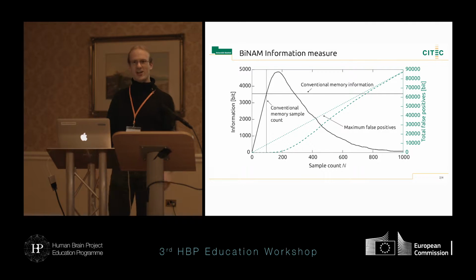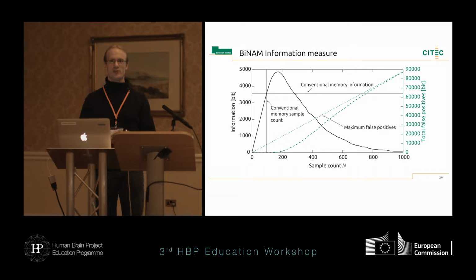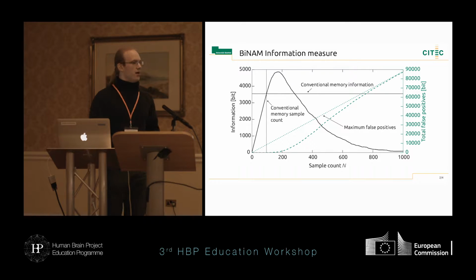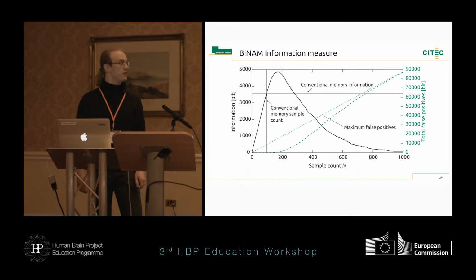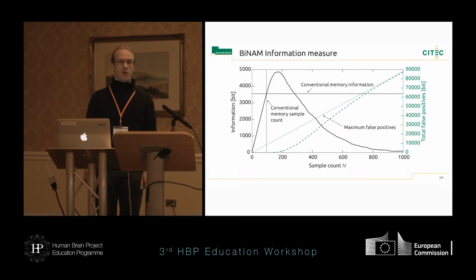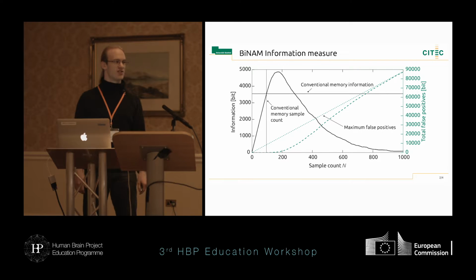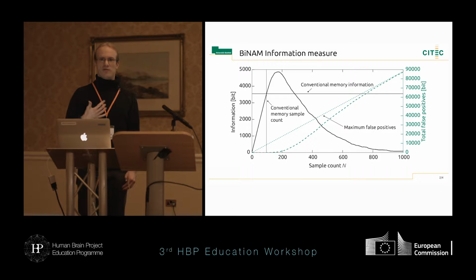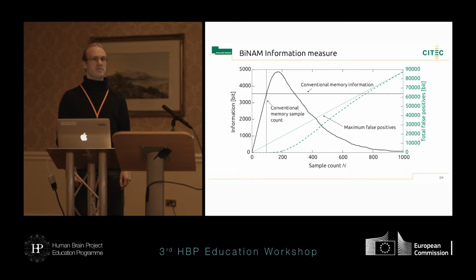So the first question I should answer is, why should one want to use binary associative memory, which was introduced yesterday by Christoph, as a benchmark for neuromorphic hardware? The simple answer is that this very simple associative memory model has a well-established theoretical foundation, which allows us to calculate the information that can be recalled from the memory for a given data set.